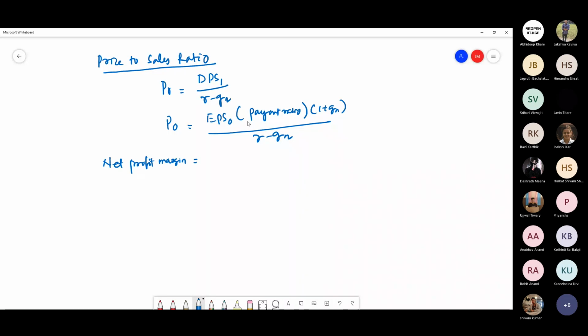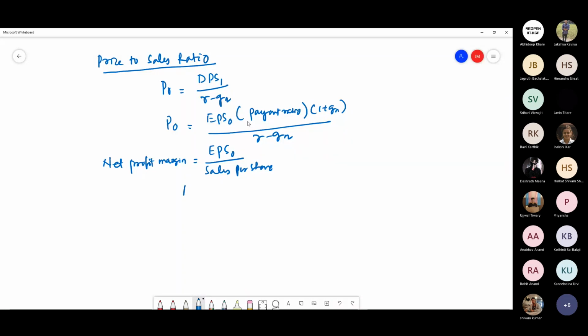So the net profit margin per share of a company is earnings per share divided by sales per share. We are talking about per share, so EPS0 divided by the sales per share, calculated for an individual stock.